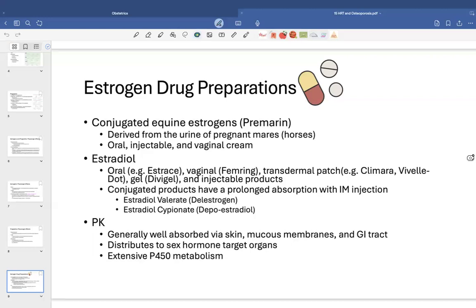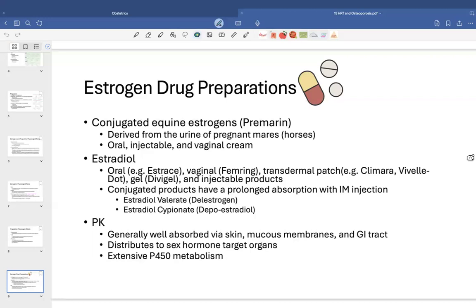Estradiol is the other main pharmaceutical formulation for estrogen. That is available in a number of different forms, oral, vaginal. There is a transdermal patch that's used for birth control, primarily, and various other routes.